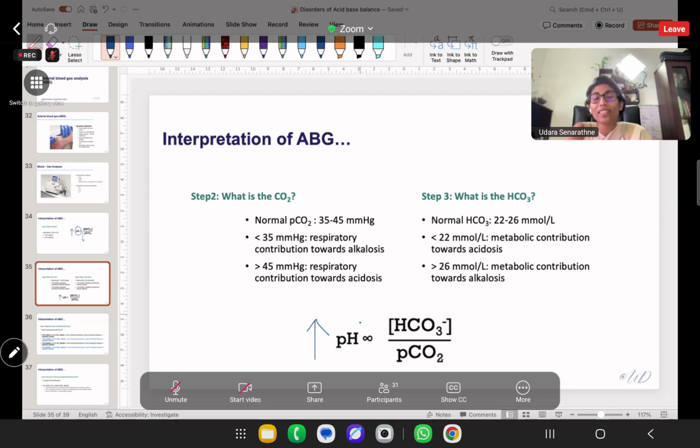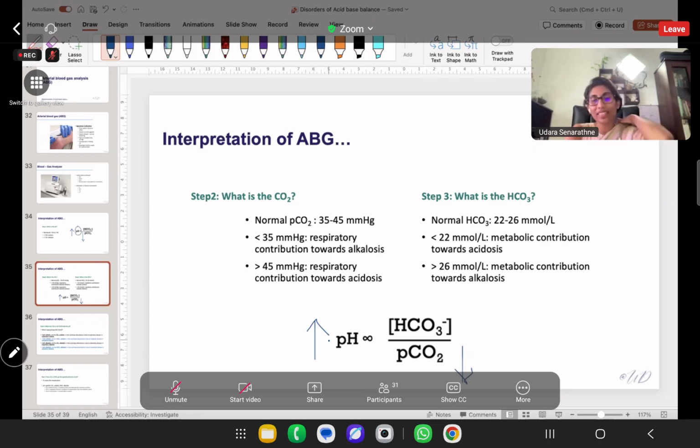So if the pH is increasing, then the PCO2 should be decreasing. If the PCO2 is decreasing, then the pH should be increasing.